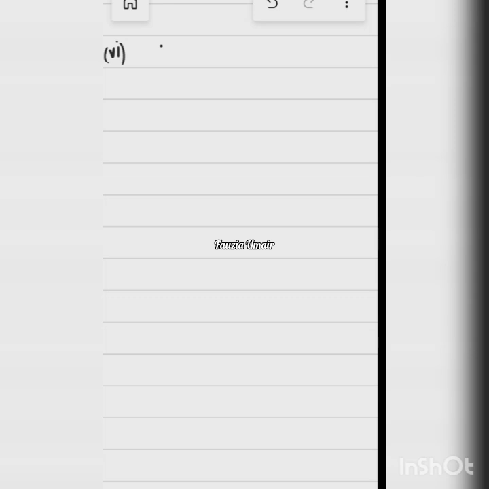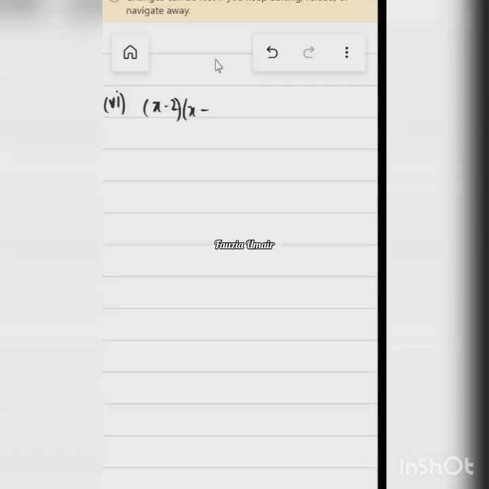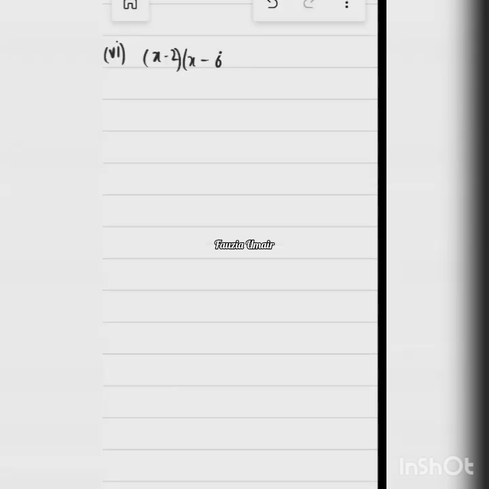The sixth part is x minus 2 into x minus 6 is equal to 2x plus 1 into x plus 1. The first step is that we need to change this equation into standard quadratic form. So how should I solve that? What to do?